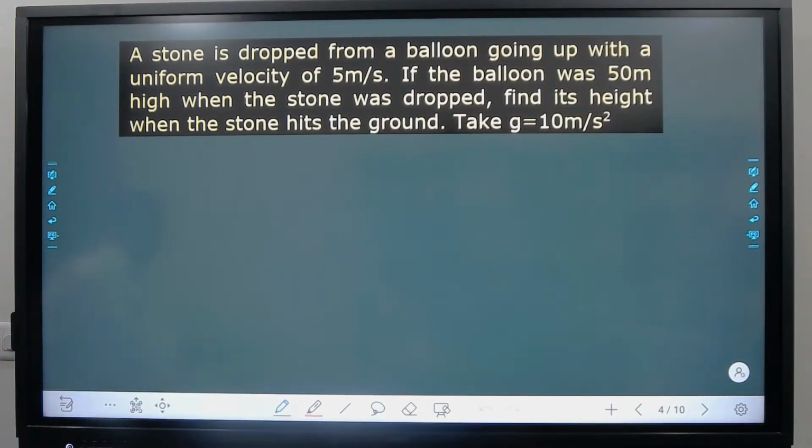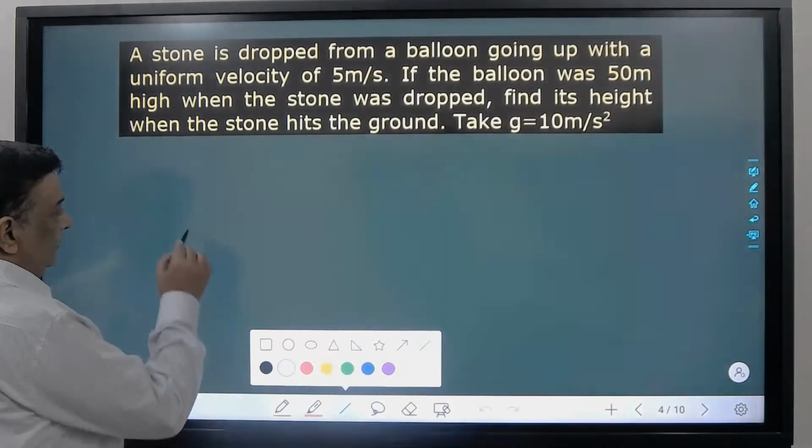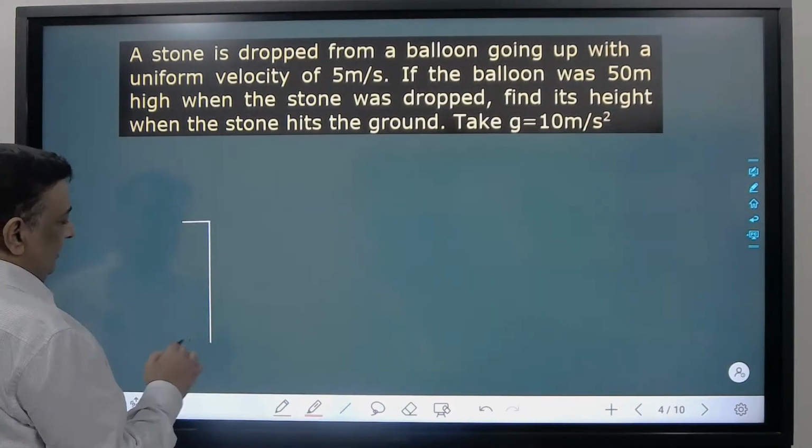Next is a stone is dropped from a balloon going up with 5 meter per second. If the balloon was 50 meter high when the stone was dropped, find when the stone will hit the ground. This is just like a vertical projectile.